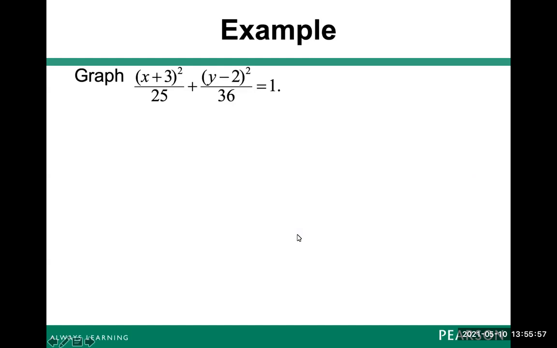All right, so for example, (x + 3)² over 25 plus (y - 2)² over 36 equals 1. The center is at (-3, 2). Notice it's -3 because it's x plus 3, so think of that as x minus -3.